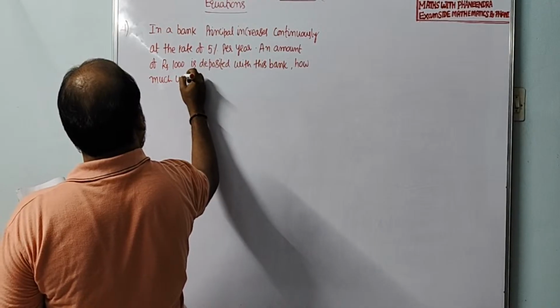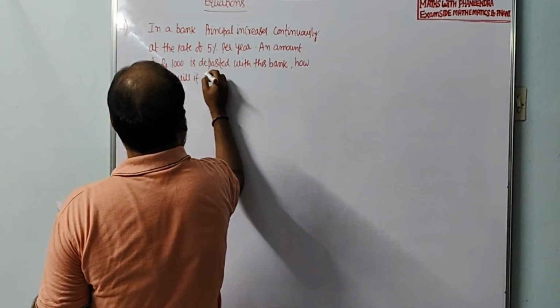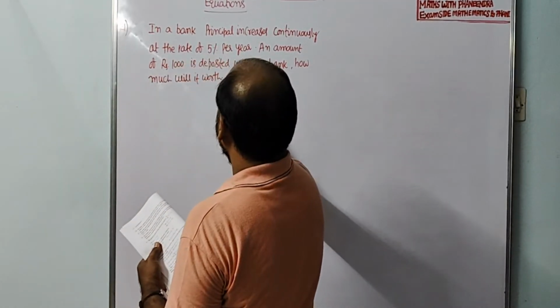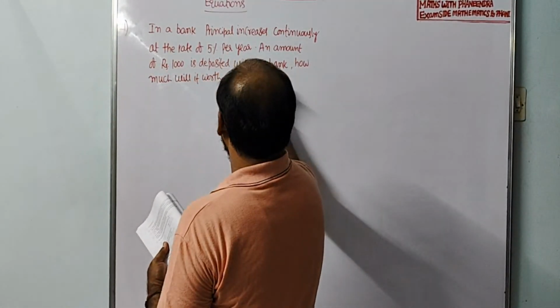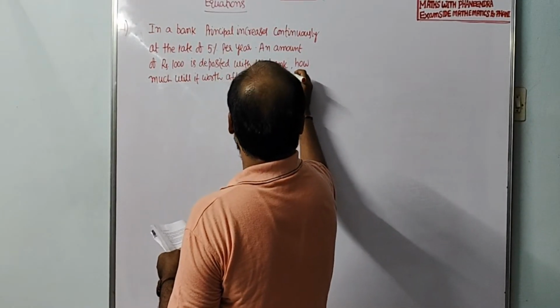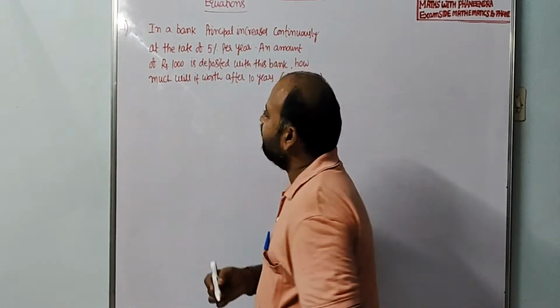How much will it be after 10 years? e power 0.5 equal to 1.648.